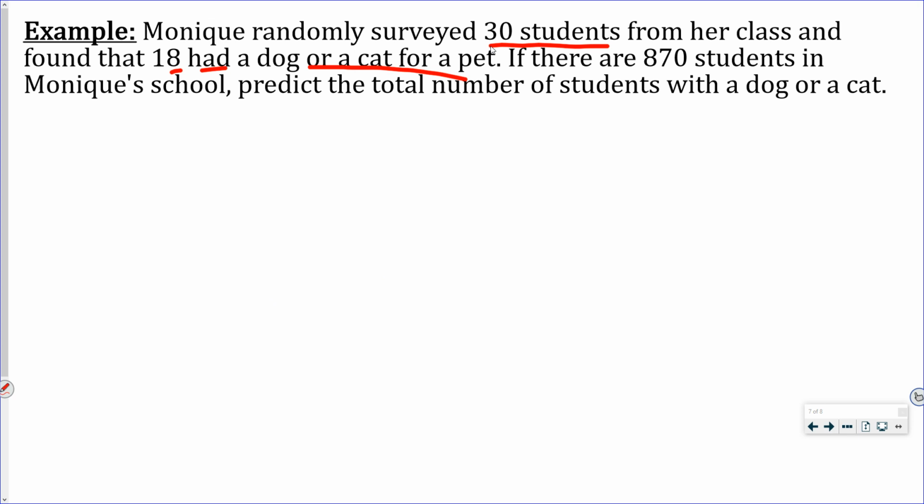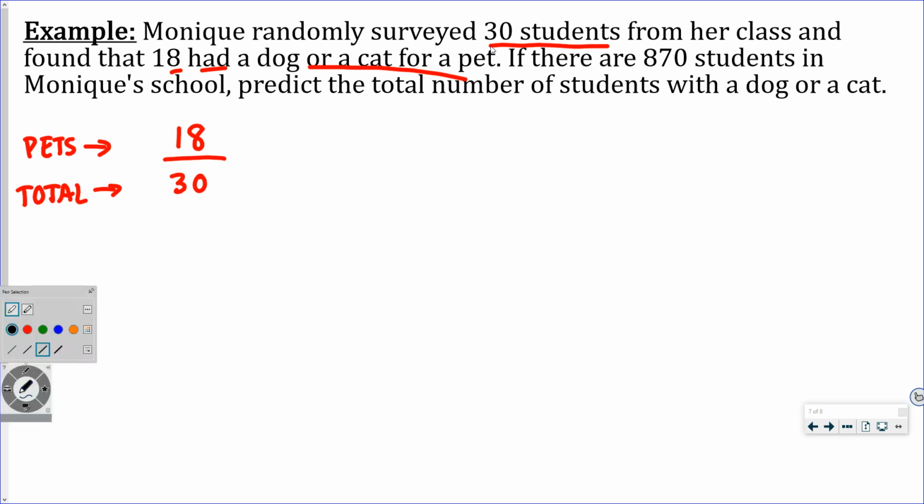So if I say I have 18 pets to the total 30 students in her class, I'm putting pets in the numerator and the total students in the denominator. Could flip that. But when you go to set up the proportion, this is where it matters.